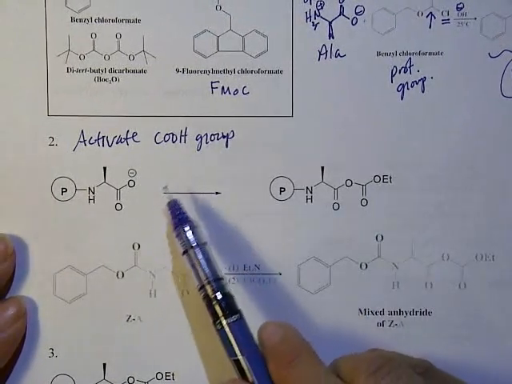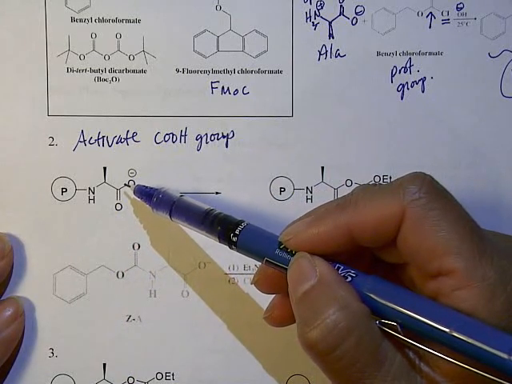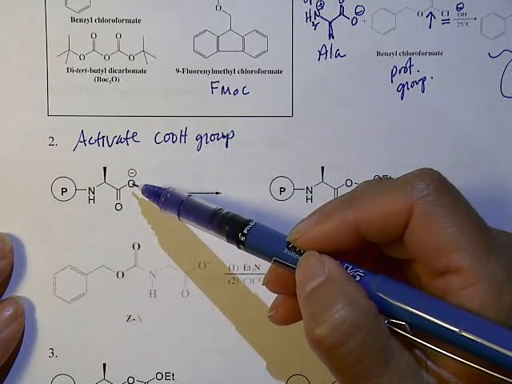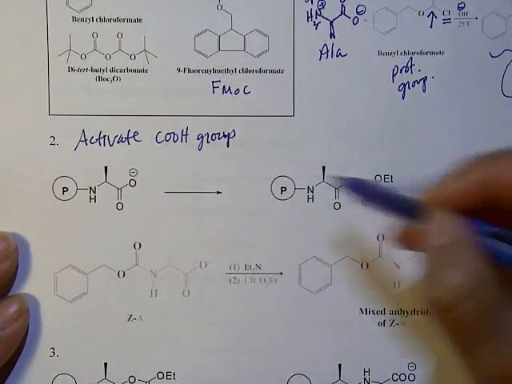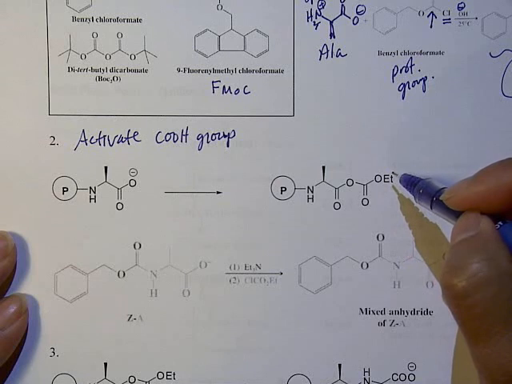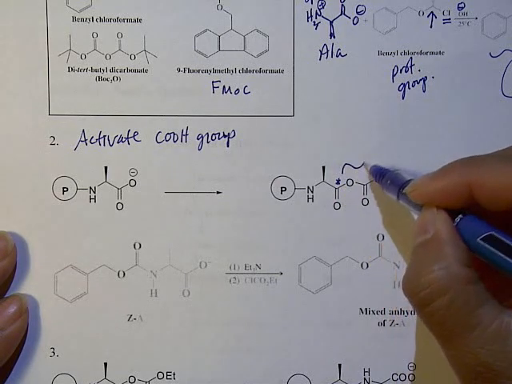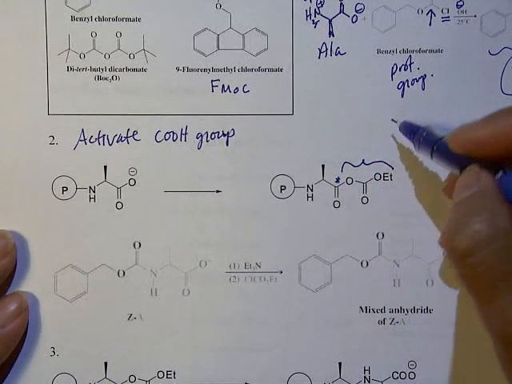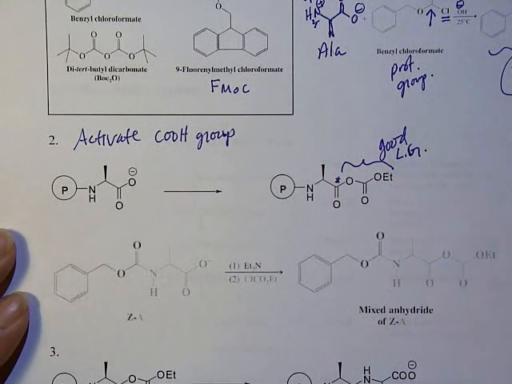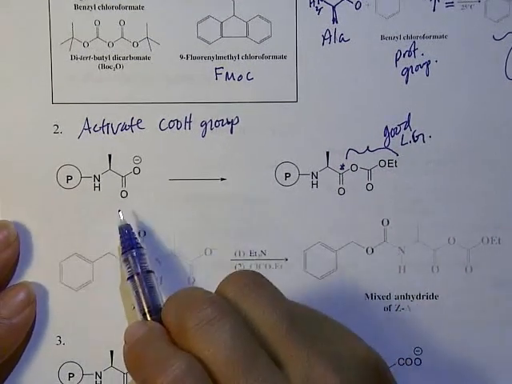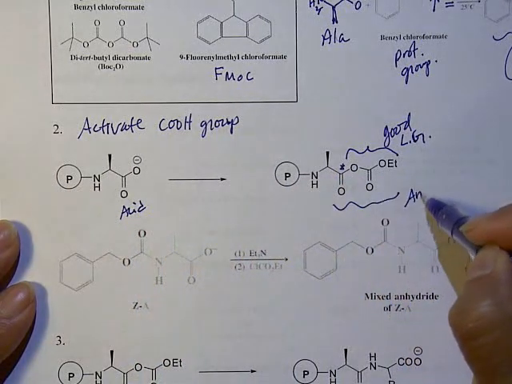So what you do is, because the carboxyl group of alanine is not a good leaving group when a nucleophile comes and attacks, we want to activate it. What do I mean by activate? We want to make it into this carbon. So this that we are putting on is a good leaving group. So the functional group that we are making, going from the carboxylic acid to this functional group, is what?